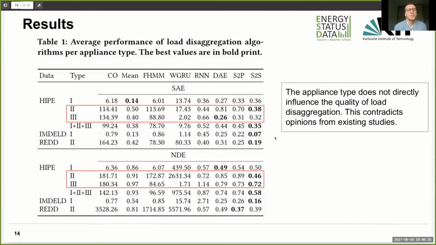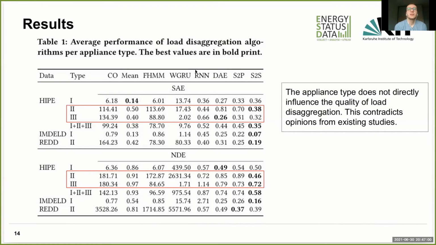The last observation here is the difference between the type 2 and type 3 devices. Type 2 device, just to recap, is a device that can have multiple states of operation, whereas type 3 device is a device that has so many levels of operation that we call it a continuous device. In the literature that introduced this classification into 3 types, there was a hypothesis that type 3 devices would be much harder to disaggregate.